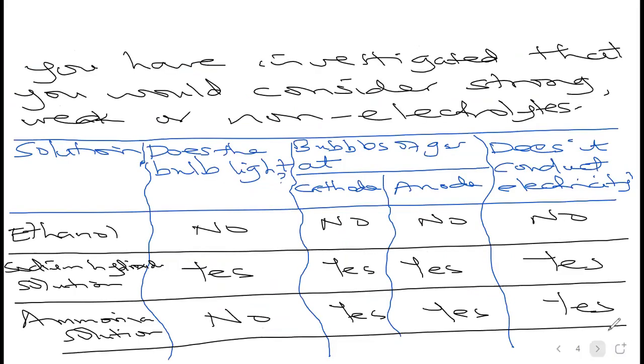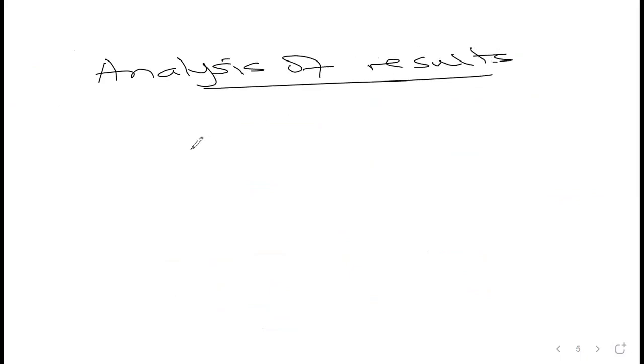How shall we analyze your results? At the end of any experiment, we should make analysis of the results we get. After you've done the experiment and seen the observations, you classify based on this.